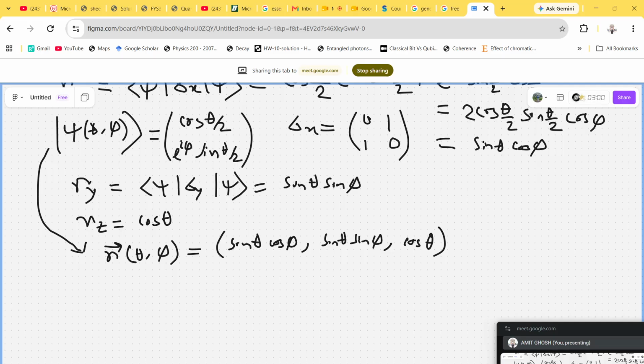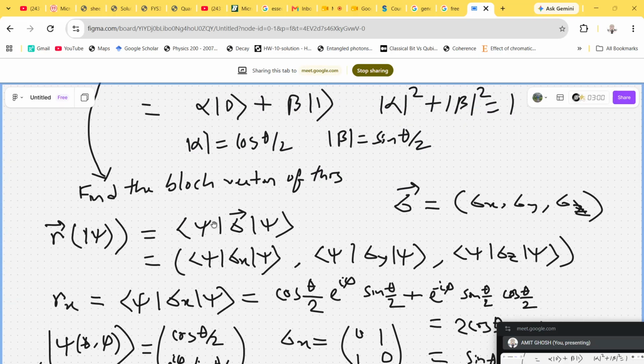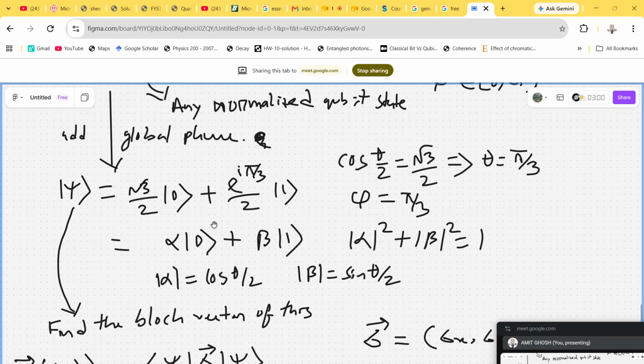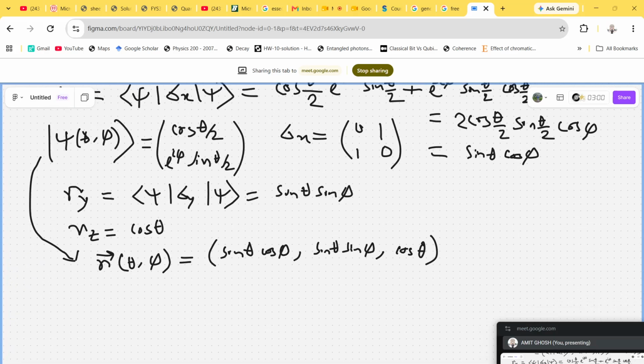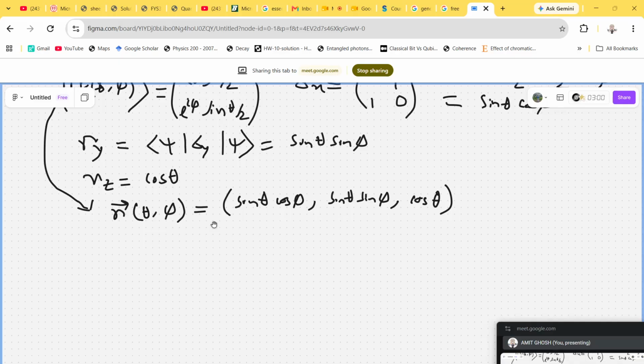Now in this case, the theta and phi you already calculated for the given state, root 3 by 2 |0> plus e^(i pi/3) 1/2 |1>. For this case your theta is pi by 3 and phi equals pi by 3 also.